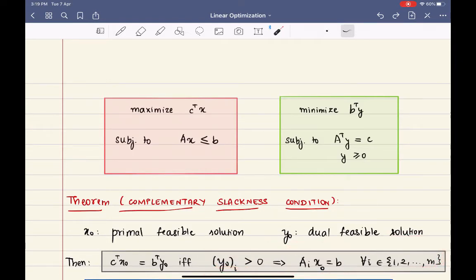The dual has dimension m, so y0 will have m values, y01, y02 till y0m, and each of them is bigger than or equal to 0. This condition says whenever y0i is strictly bigger than 0, the corresponding inequality is tight at x0. So once again you are evaluating this inequality at x0.